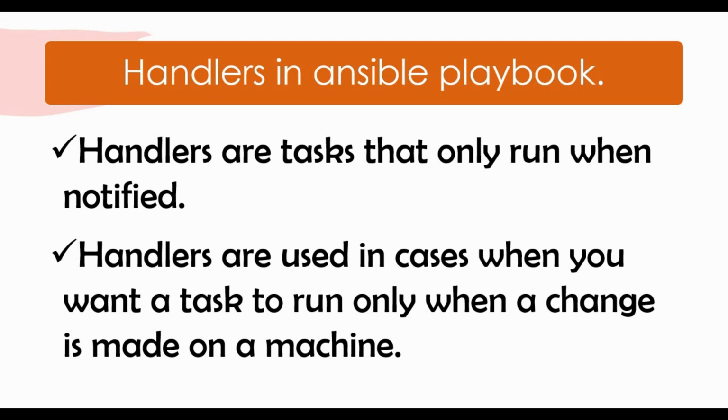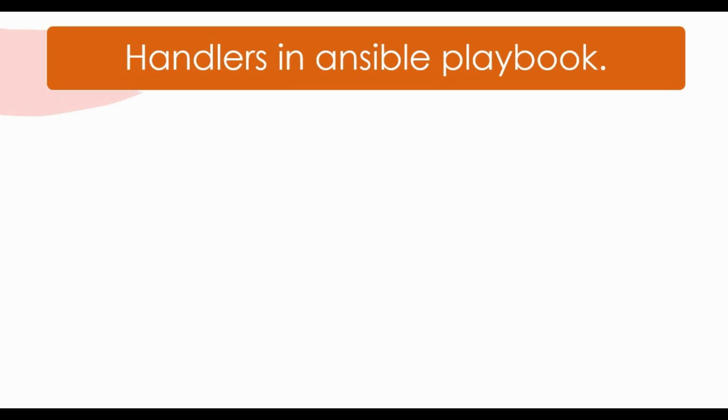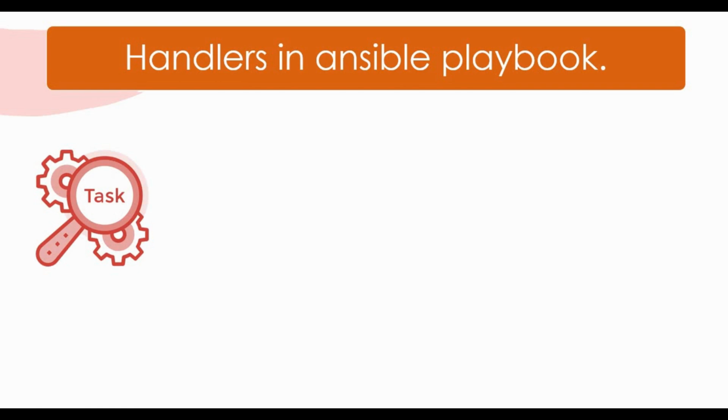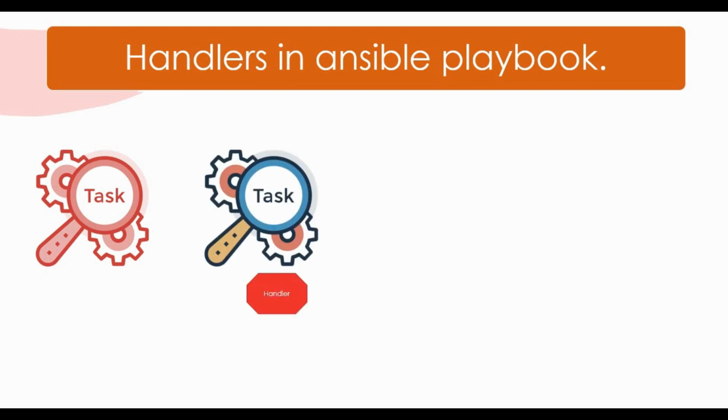To give a little more detail, as I told you, in a playbook we will have multiple tasks, right? So let's consider we have task 1, then another task 2, and we are notifying a handler in task 2.